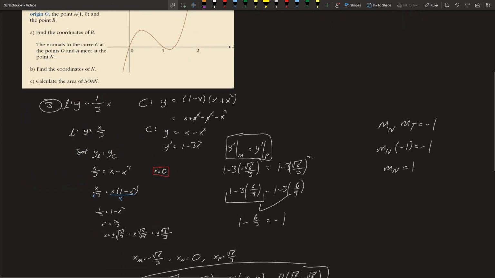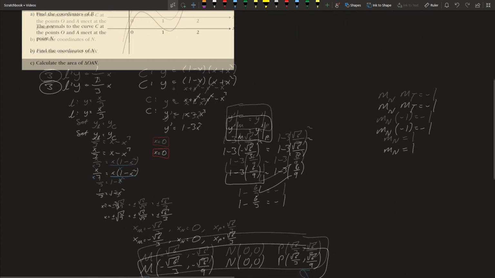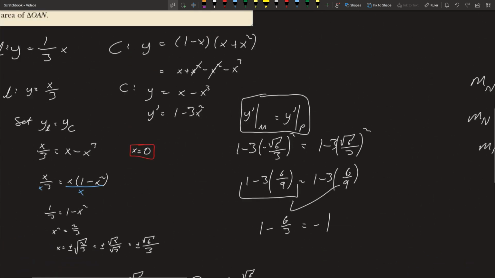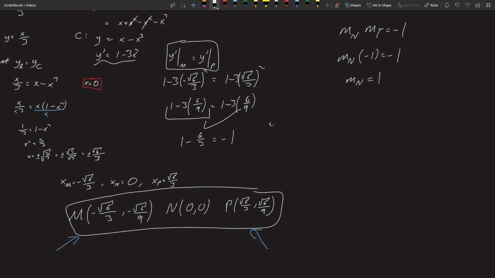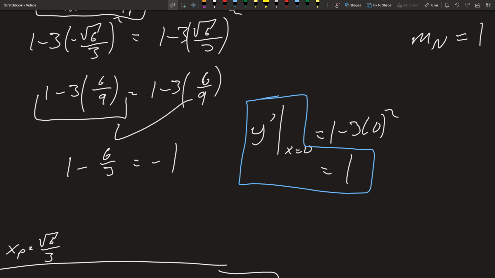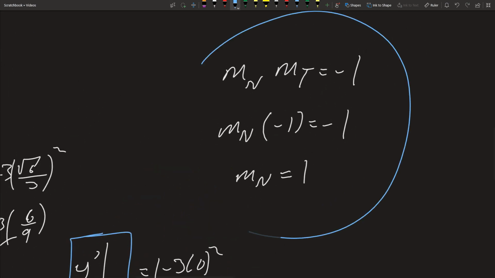We substitute this x value, 0, into the derivative of the curve. We set x equal to 0: y prime is equal to 1 minus 3 times 0 squared, which is equal to 1. So we just verified that the slope of the tangent to the curve at point N is equal to 1, which satisfies this.